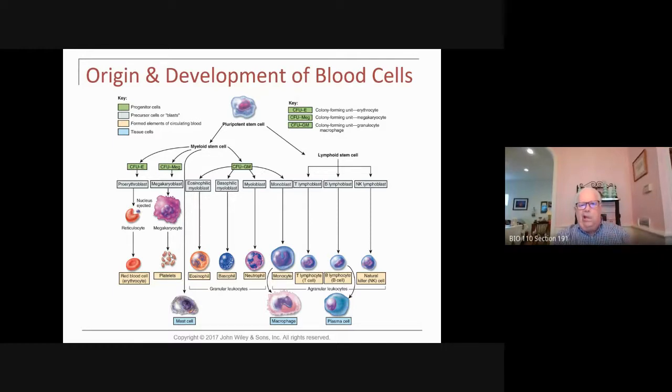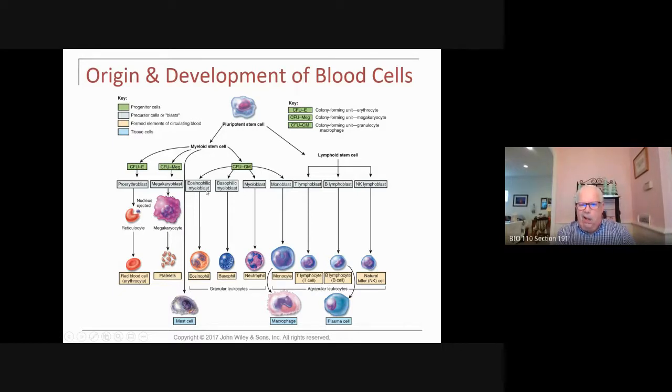Okay, let's go into the white cells. The myeloid basically means white cell. Okay? The myeloid stem cell produces all but one white cell. It produces the eosinophil. It produces the basophil. It produces the neutrophil, and it produces the monocyte.